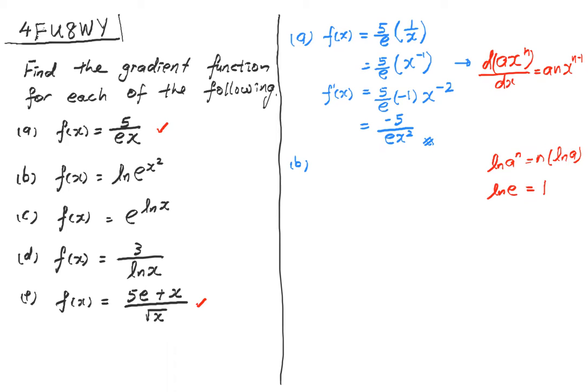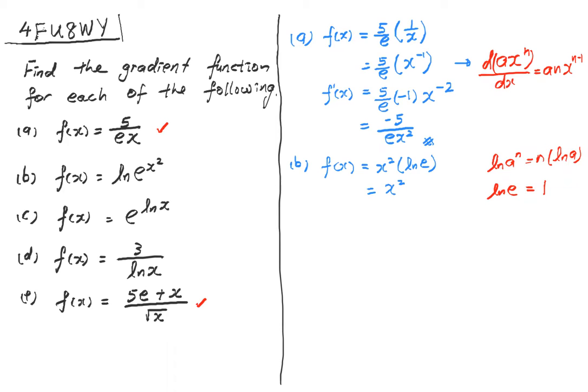So you have to keep looking at all these formulas every day. So now my f(x), I will write it as x squared times ln e. Am I right? So x squared times 1, so it's x squared.